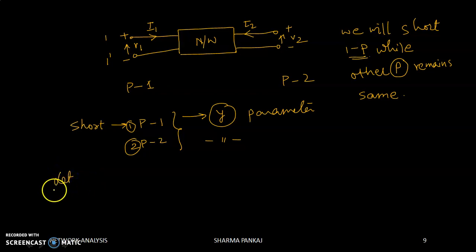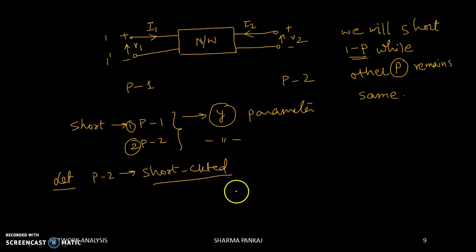Port 2 is short circuited or shorted. If port 2 is short circuited, it means what? We'll have V2 is equal to 0 and I2 will exist, but what will be the value?